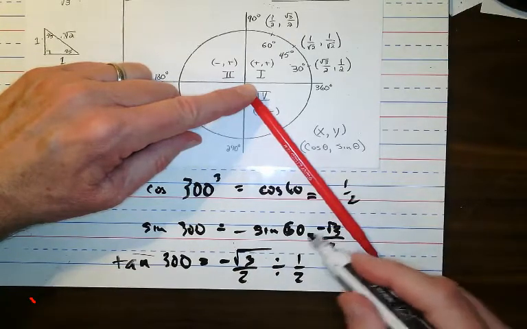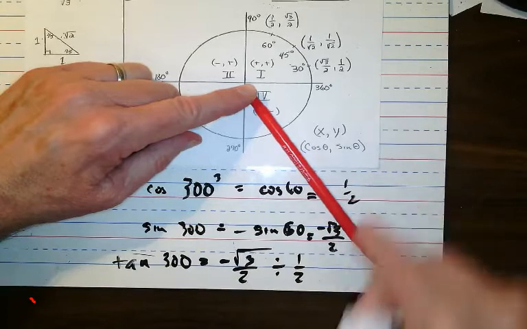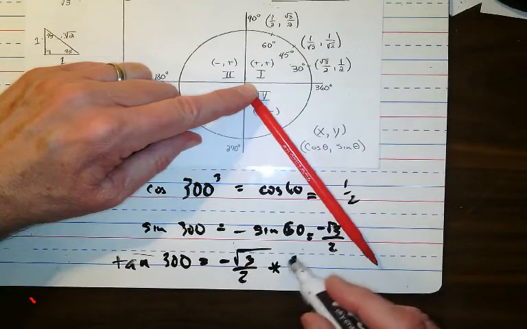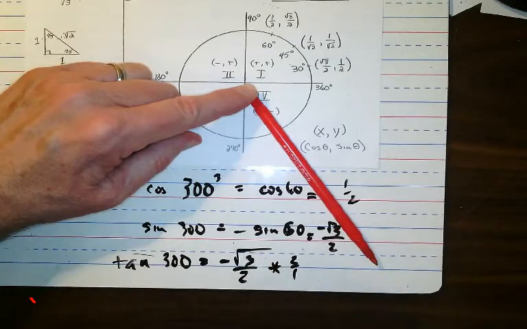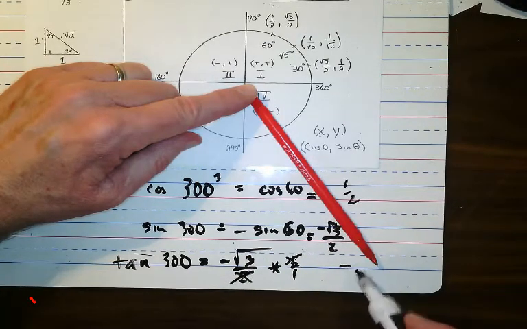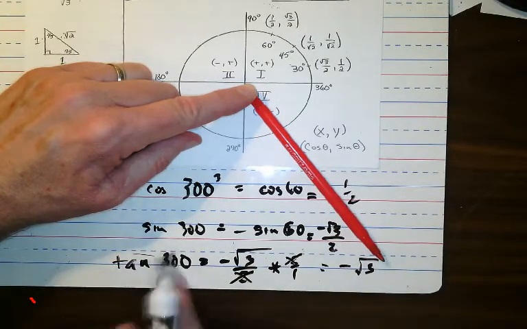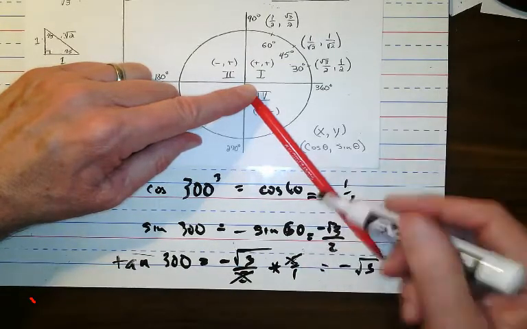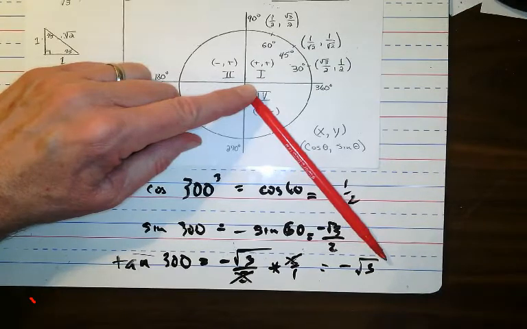Because we know it's the sine divided by the cosine. Now when you divide fractions, what are you really supposed to do? You're supposed to multiply by the reciprocal. So let's do that. What happens when you multiply by a reciprocal? This cancels out this. Kaboom! What's the answer? Negative square root of 3. What's the tangent of 300? Oh my goodness. Sine divided by cosine. Check it out.